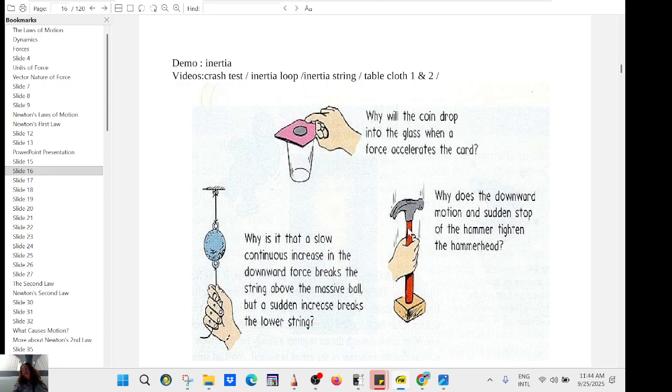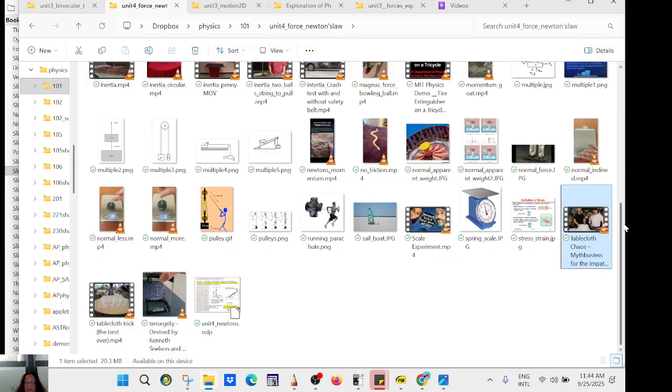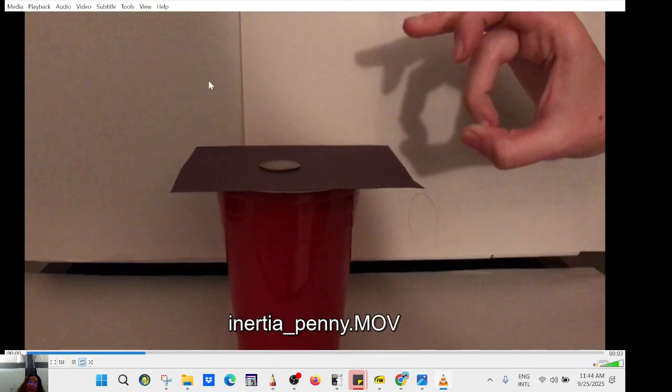Because that handle is going to be stopped, but the head will keep moving on its own because it was moving before, so it will keep moving at the same speed in the same direction, so it's going to secure itself. So this one doesn't give you a lot of extra credit because it's easy to do, but it's also very famous.